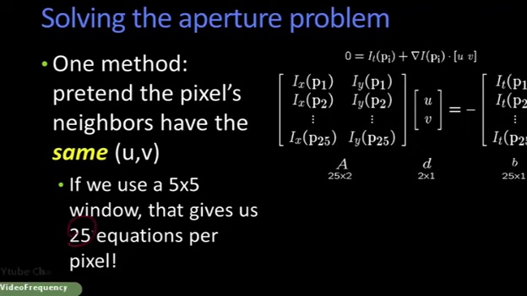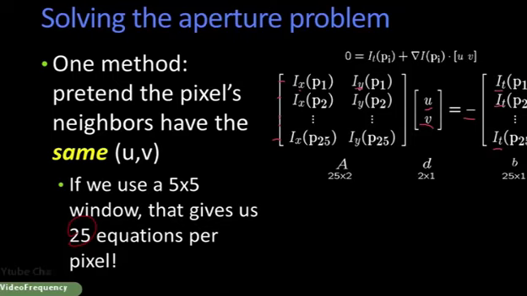And here they are. So what we've got here is, here's our U and V that we're assuming is the UV of some center pixel. And here we have 25 rows of the derivative of x and the derivative of y at each of those 25 points. And these are the gradients dotted with UV equals the negative, and here are the temporal derivatives at each of those points.